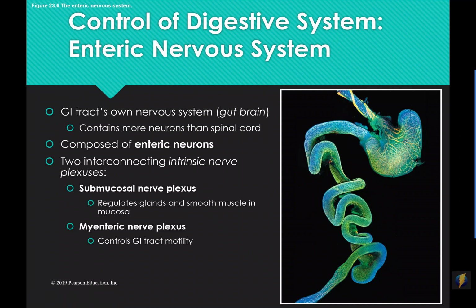So there are tons of what we call enteric neurons, meaning neurons that are associated with the gut. They exist in two nerve networks, what we call a nerve plexus. So there's a nerve plexus in the submucosa, which turns on and turns off the activity of the glands, and also the muscularis mucosae in the mucosal layers.